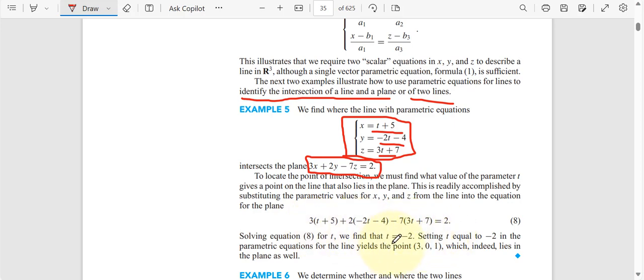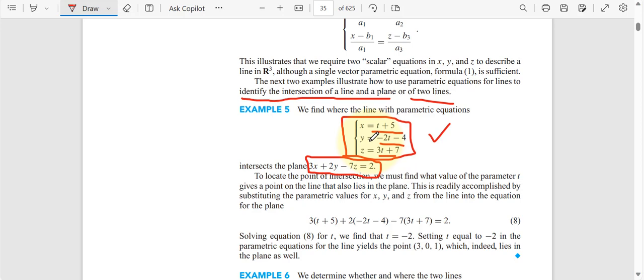And it turns out that they find that t is equal to -2. And then we want to verify that this actually worked. So we can put t equals -2 into here, and that's going to give us a certain x, y, and z. In other words, it's going to specify a point. And of course, we know that point is on this line because we put in the t and got that point.